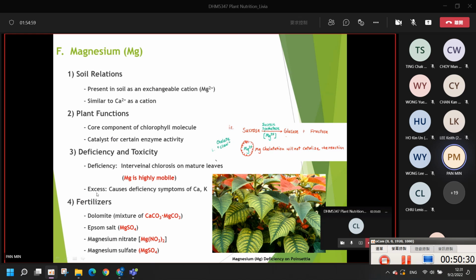The fertilizers commonly used for magnesium are dolomite, Epsom salt, magnesium nitrate, and magnesium sulfate.